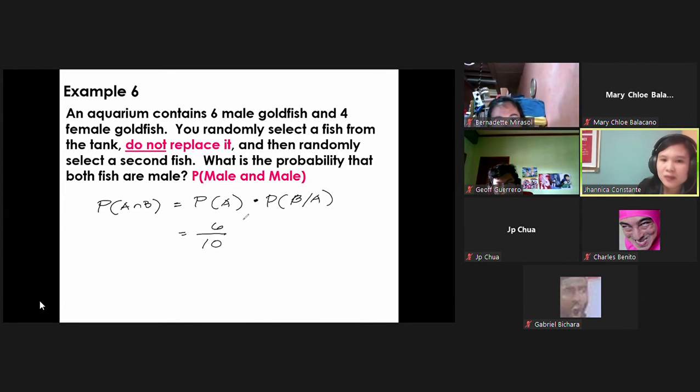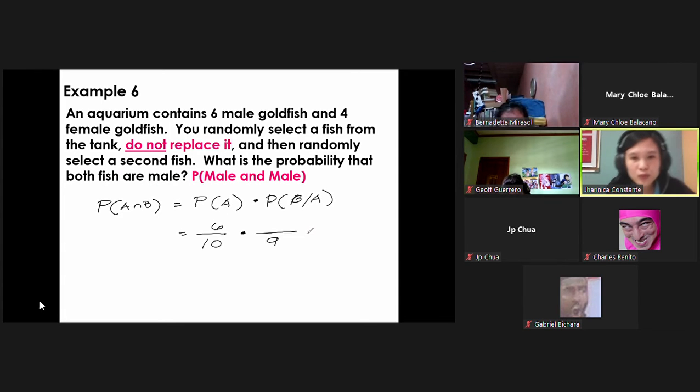So that is the probability of our first event, 6 over 10, multiplied to the second event in getting a male again in the aquarium. If the original number of goldfish is 10, we will deduct 1 since kumuha na tayo ng isang goldfish. So 9 na lang yung fish sa aquarium. So kung yung una, male na din yung kinuha natin, that means the number of male in the aquarium now is 5.